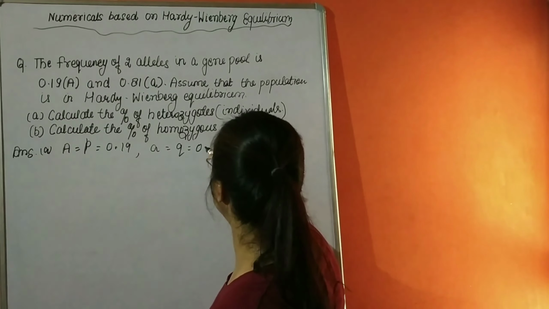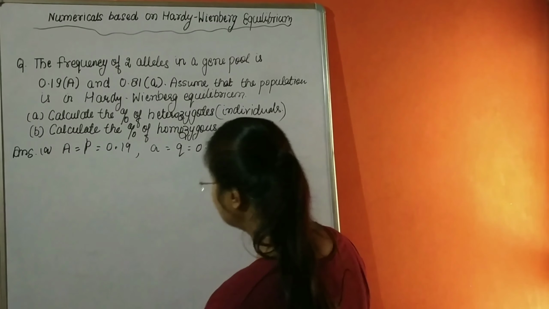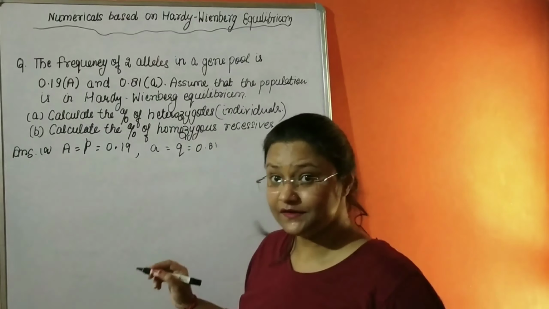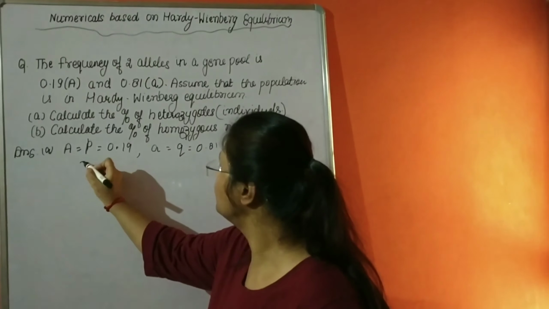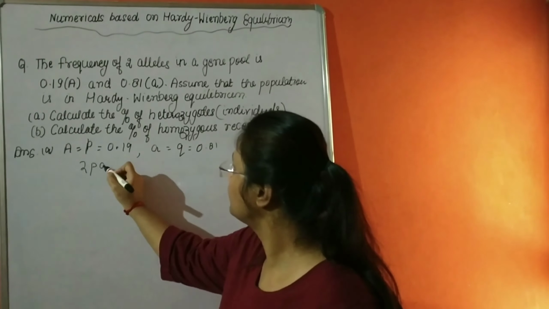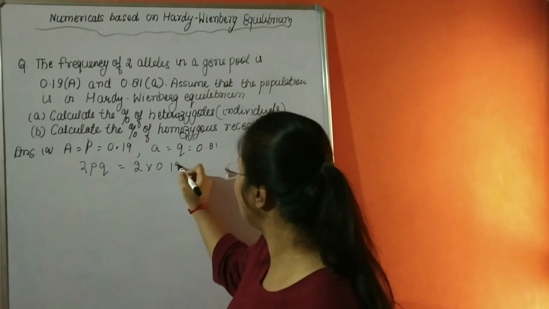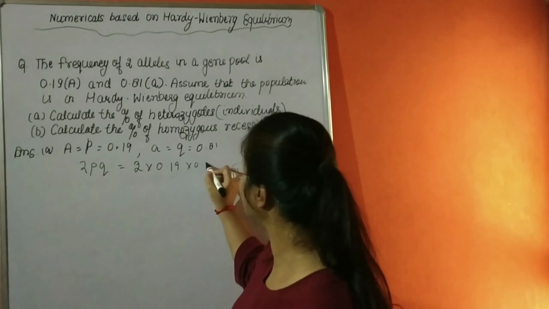So now heterozygote individuals will be 2pq, which is 2 into 0.19 into 0.81.